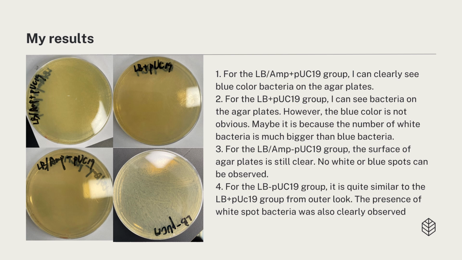The presence of white spot bacteria was also clearly observed. This experiment successfully demonstrated a bacterial transformation using the pUC19 plasmid, and the transformation was confirmed by the presence of blue colonies on selective media, allowing us to identify bacteria that took up the plasmid.